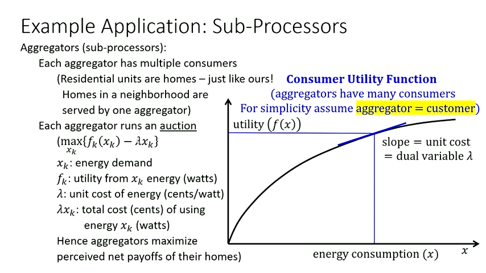This is how much they gain from consuming this much electricity, xk, and this is how much they pay for it. Maybe this utility can be scaled in dollar terms, so it's utility in dollars, and this is how much they lose financially. This is the gain, or perception-wise how much financially they gain, and this is how much they lose. So this is the net gain, and that's why they try to maximize this.